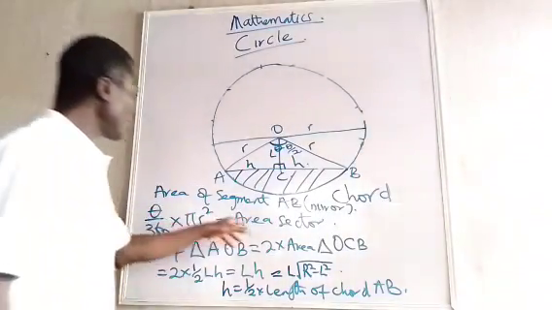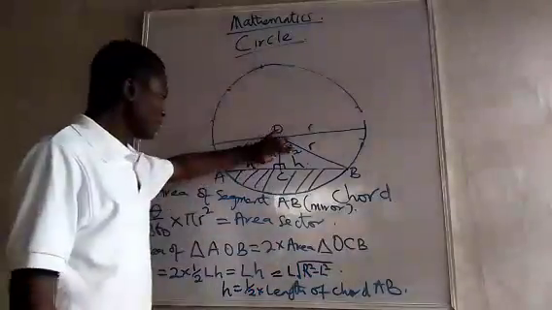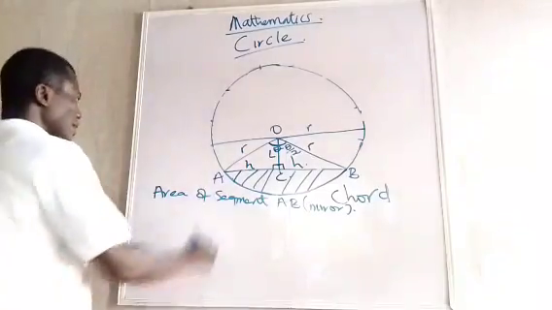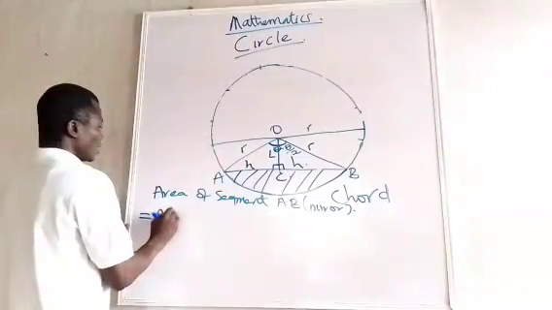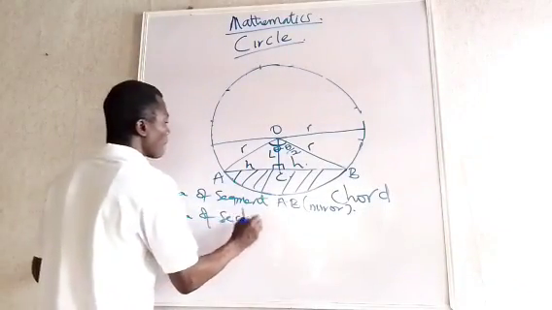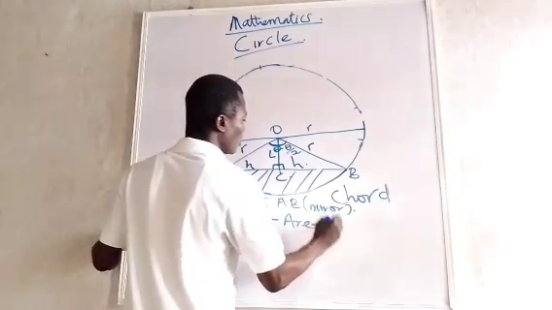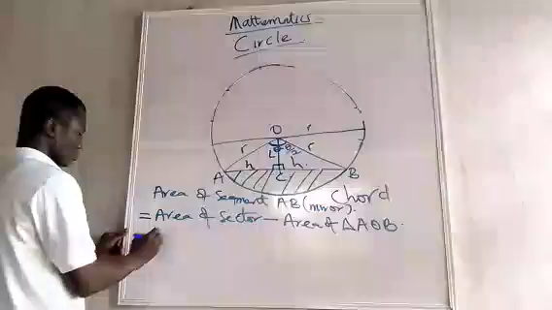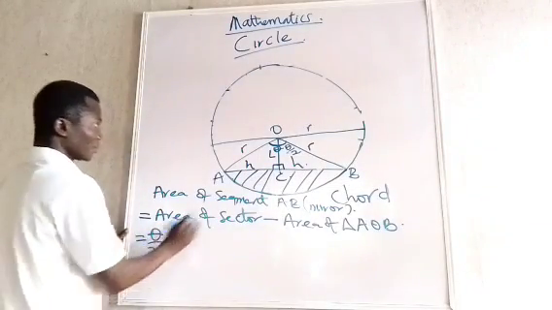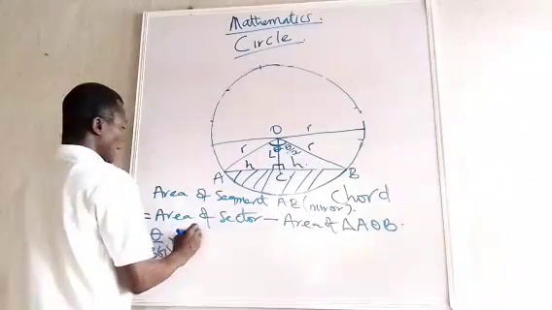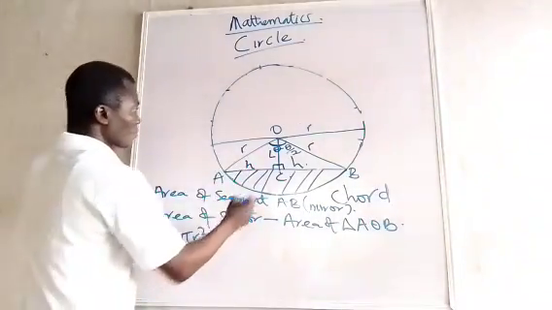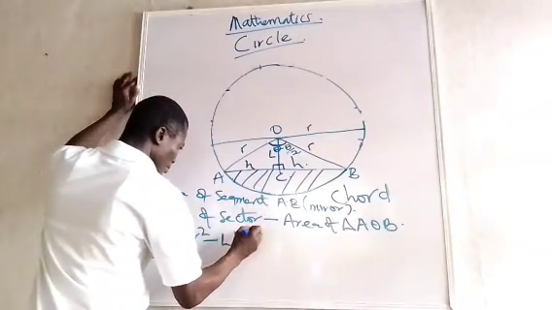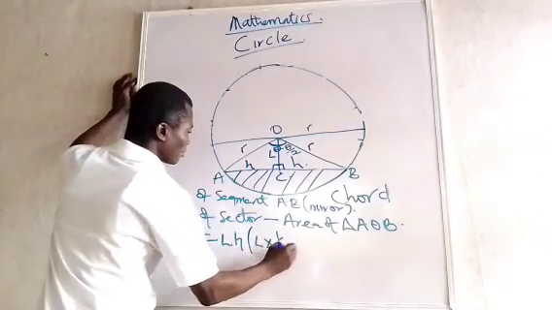Since I can now find the area of the sector and the area of the inside triangle, let me find the area of the segment. The area of the segment will be equal to the area of the sector minus the area of triangle AOB, which will be equal to theta over 360, this angle here, times pi r squared minus LH, or L times half AB.